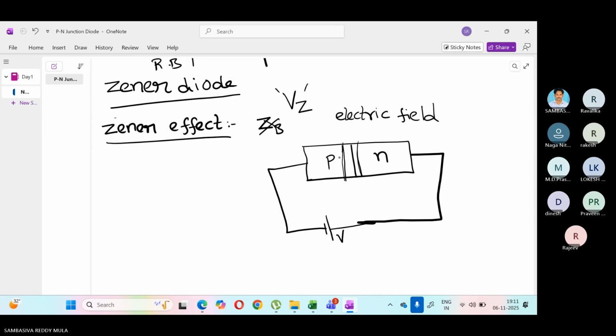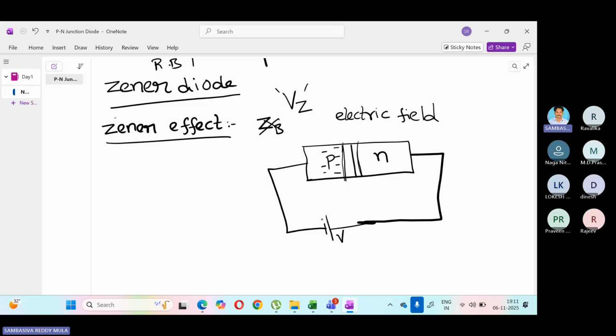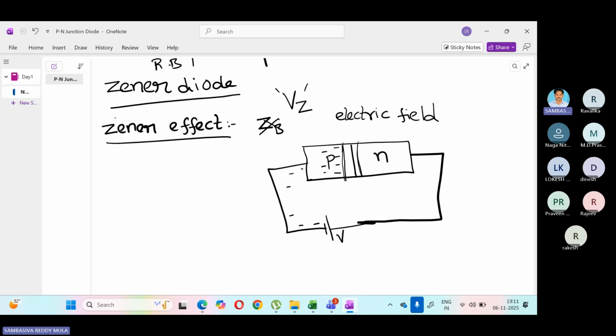At breakdown voltage, due to the high electric field, the electrons have the potential or the energy. Electrons accumulated here generally flow from the negative terminal of the battery to the positive terminal of the battery. These electrons acquire energy due to the existence of this electric field.